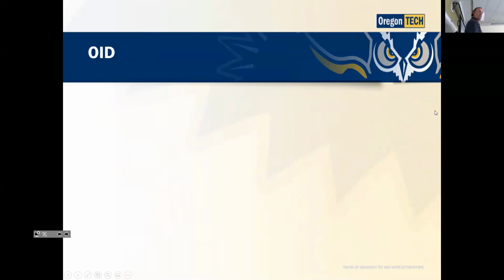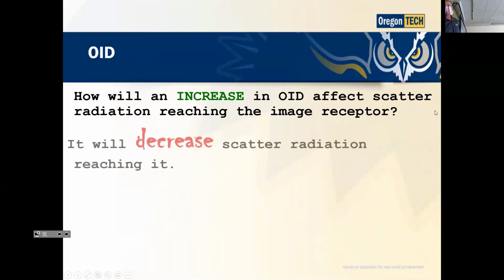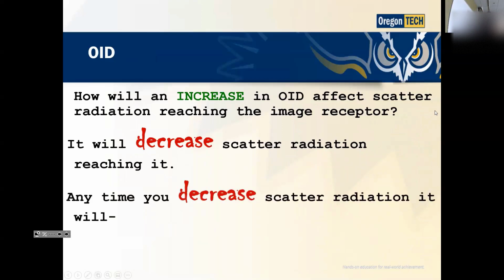OID. How will an increase in OID affect scatter radiation reaching the image receptor? It's going to reduce the amount of scatter reaching the image receptor. And anytime you decrease the amount of scatter reaching the image receptor, what happens to contrast?